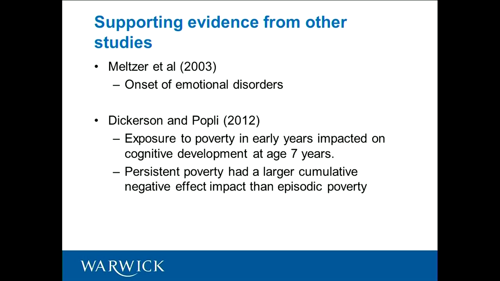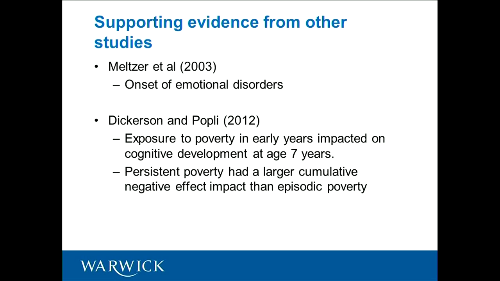It's also been found that early exposure to socioeconomic disadvantage is associated with the onset of emotional disorders. Howard Meltzer and colleagues have looked at this previously when they compared children across a time period for mental health conditions.